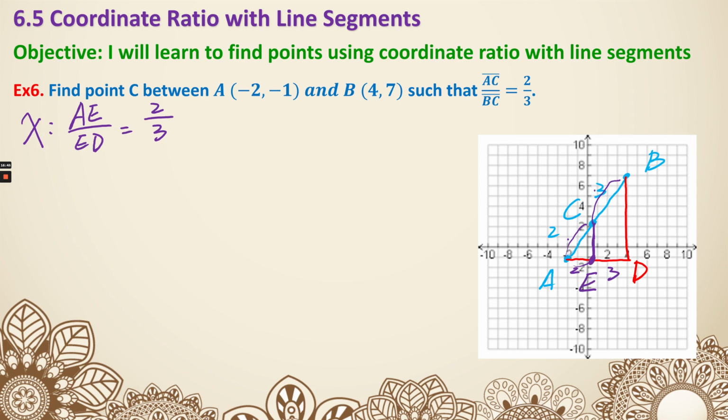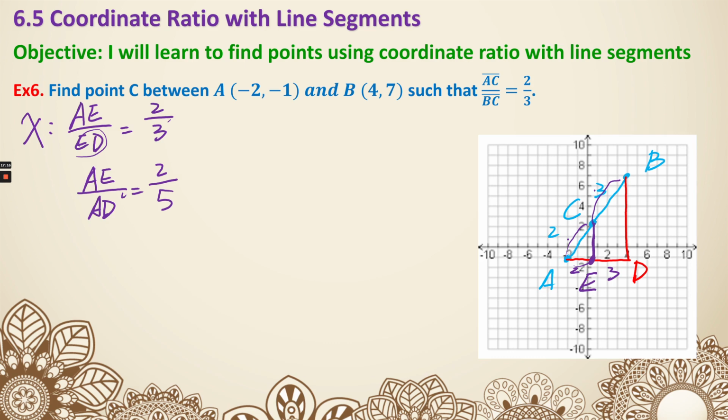Now this just becomes one of those previous examples we dealt with. We're trying to find the x coordinate for E. So I have to use AD since I don't exactly know where E is. I can keep AE, but I'm going to change ED to AD, which means the ratio now becomes 2 over 5. In order for ED to become AD, I need to add the extra part on the right side, adding the 2 onto the 3. So AE over AD is actually going to be 2/5.